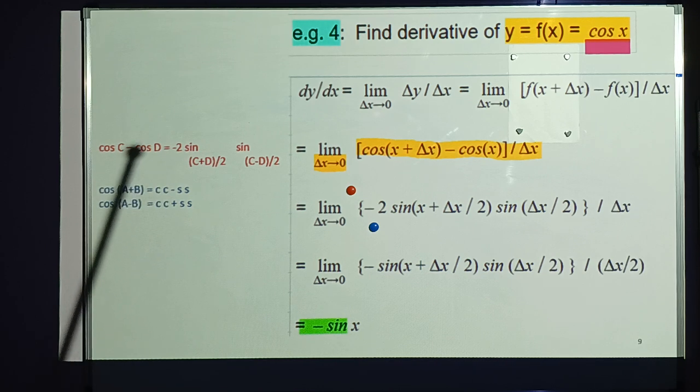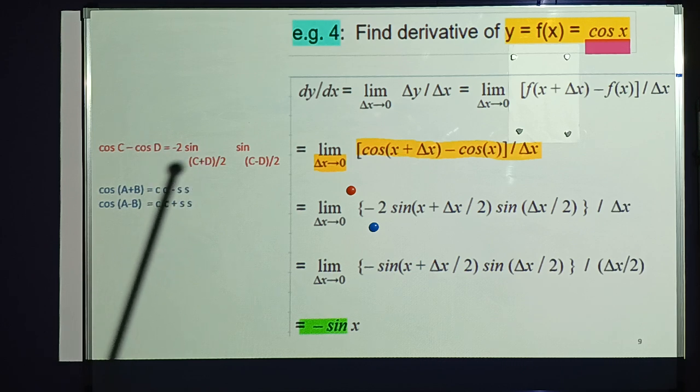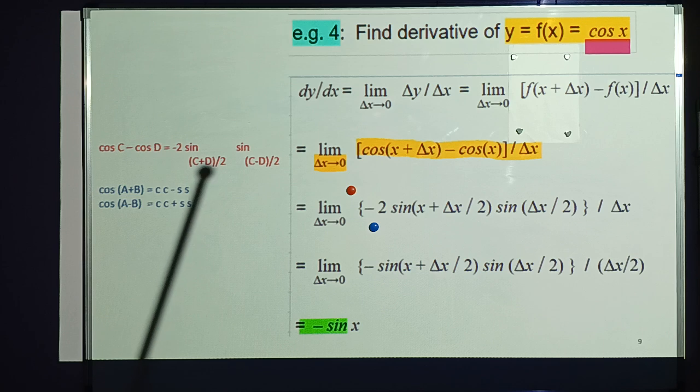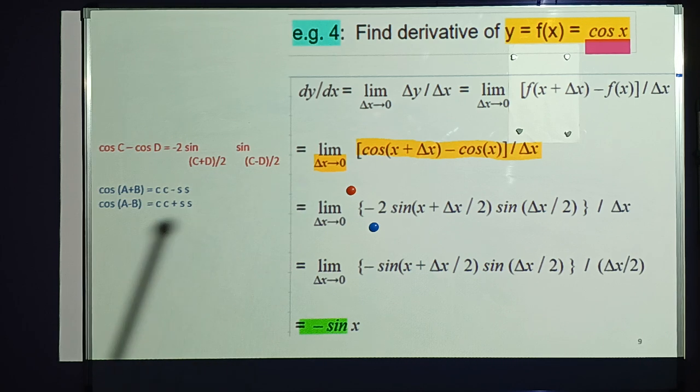If you subtract these two, I'll get this one, where the first term will cancel and the second term will become minus 2 sin sin, and the angles will be (c plus d) by 2 and (c minus d) by 2. So using that, cos minus cos will become minus 2 sin sin, that is the sum of the angles by 2, and then the difference of the angles by 2.